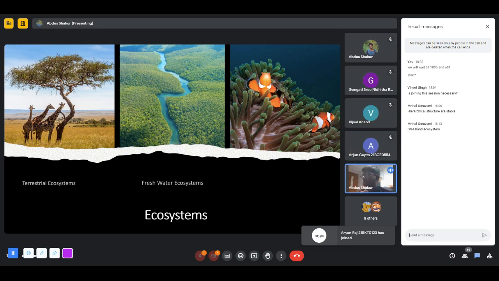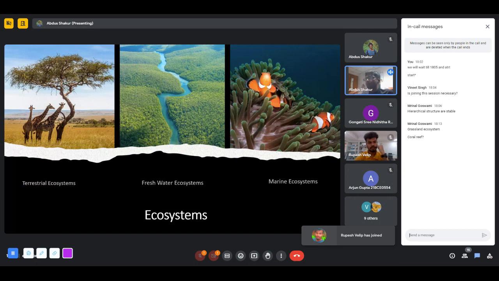What do you think the last one is representative of? Coral reef, yes, these are coral reefs. So that image was supposed to represent marine ecosystems.